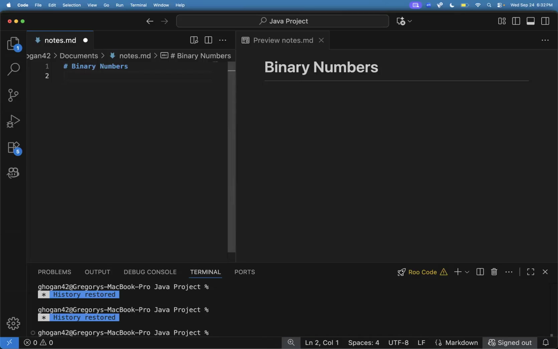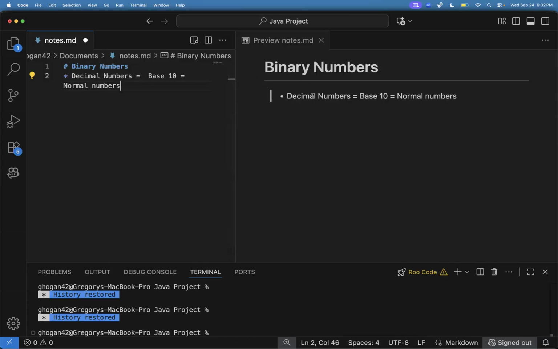Okay. So when we're talking about binary numbers, first of all, we should know what decimal is. When we talk about decimal numbers, that means base 10, which is our normal numbers that we always use.